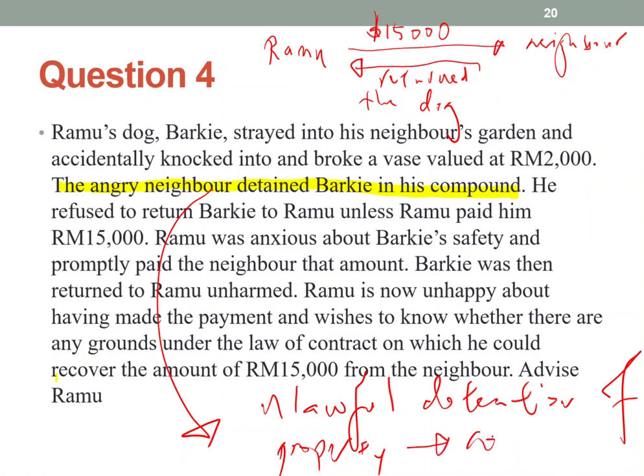This is coercion under Section 15. If so, the contract is made voidable in Ramu's favor. If the contract is made voidable, Ramu is advised that he can terminate the contract and he can get back his money. Okay?